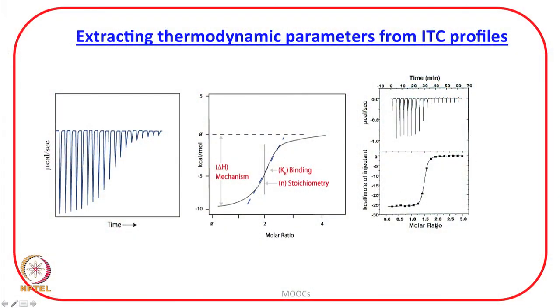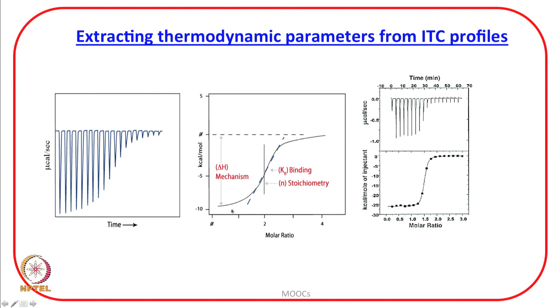Now, let us go back to the slide and look at this figure. The dark dots are experimental data points and the solid line is a best fit to the experimental data points. Let us assume that one binding site model has fitted nicely to the experimental data points.